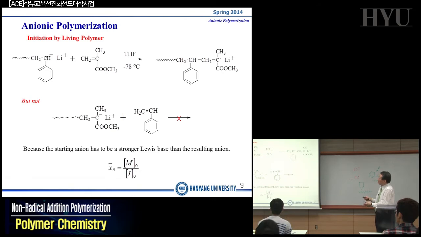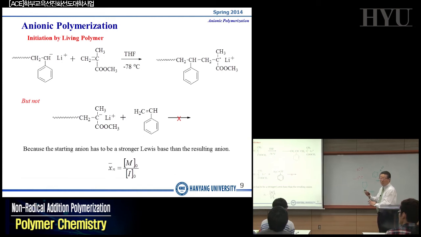Now, we have limited cases where you mix together styrene monomer and methyl methacrylate. When the styrene monomer forms the negatively charged carbanion, the carbanion acts as an initiator and can attack the styrene monomer to form polystyrene.